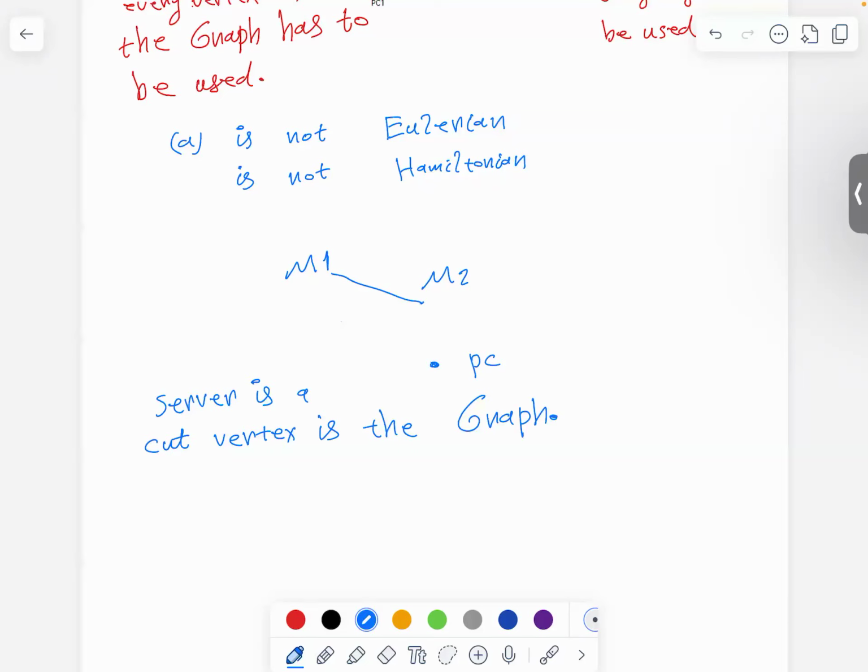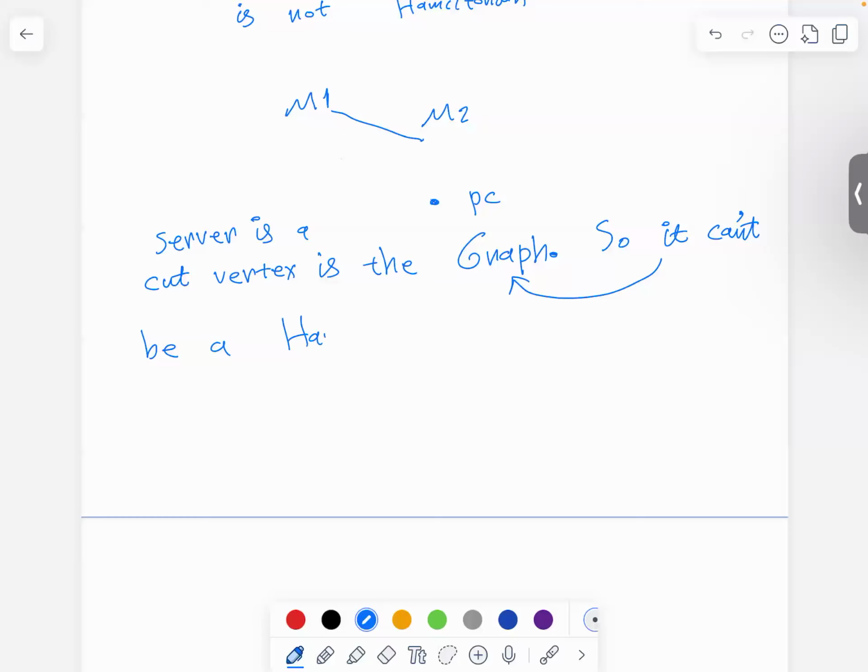A Hamiltonian graph cannot have a cut vertex.